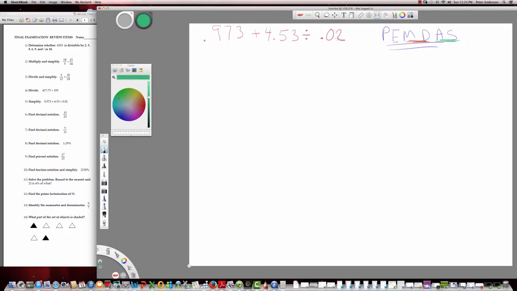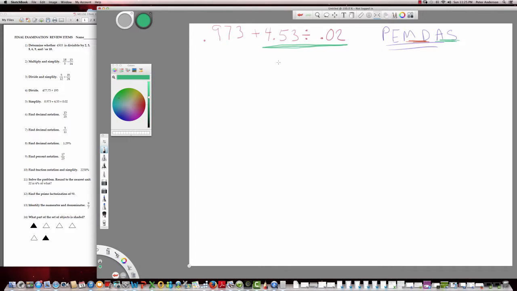So when I look at this, I actually have to attack these two first, okay? Because the division comes before addition, okay? So how do I attack 4.53 divided by 0.02? Well, if you watch the video for division in question 4, I mentioned two different ways of dividing.